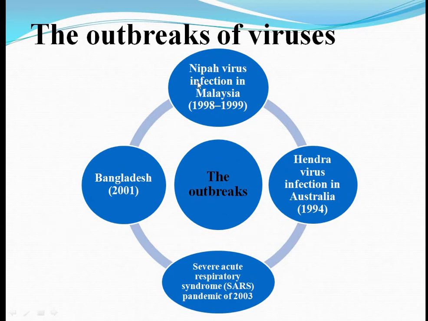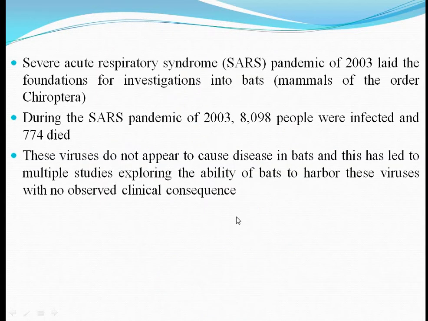Outbreaks include Nipah virus infection in Malaysia and Bangladesh, Hendra virus infection in Australia, and the severe acute respiratory syndrome SARS pandemic of 2003. The SARS pandemic of 2003 laid the foundation for investigation into bats, mammals of the order Chiroptera.